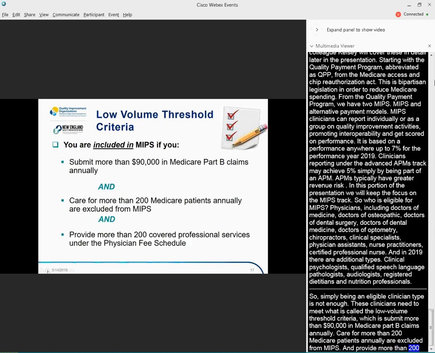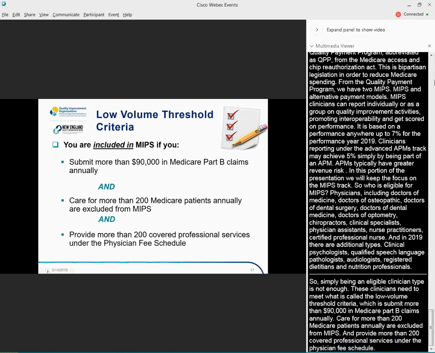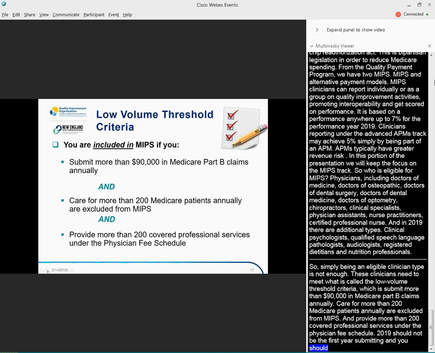And 2019 should not be your first year submitting to Medicare, and you should not be a participant of an advanced APM, or what is called a QP, qualifying APM participant, and also not be a Medicare Advantage qualifying payment arrangement incentive participant.